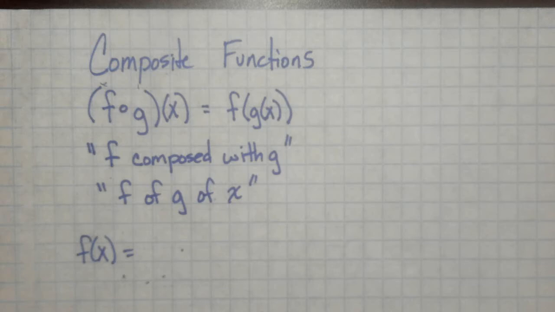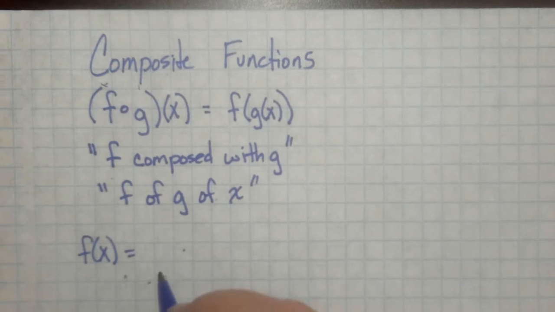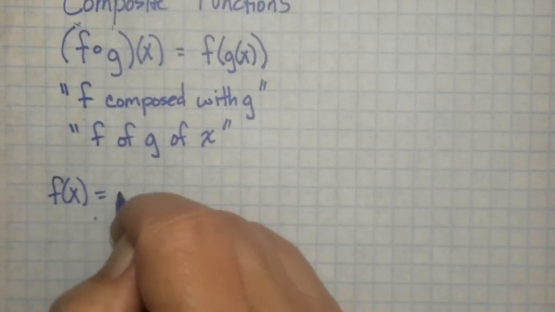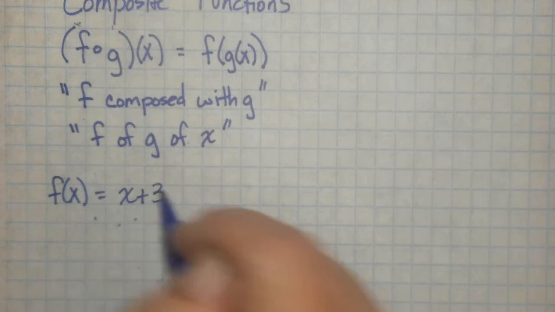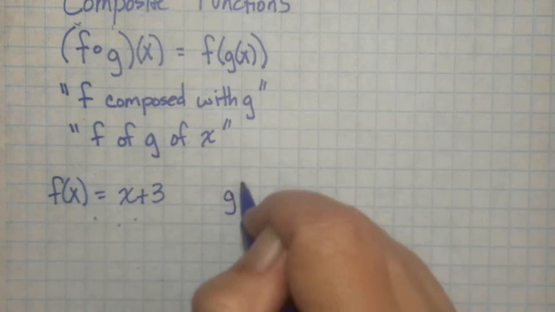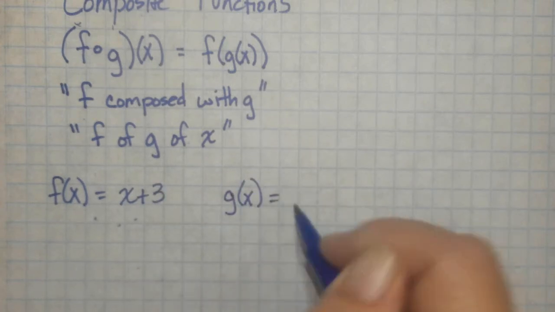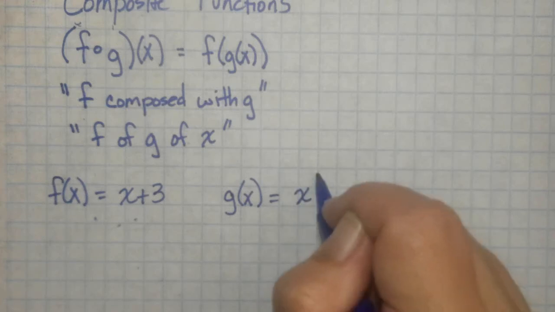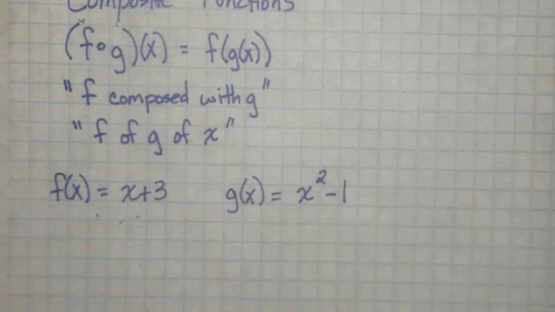Alright, so we're going to start with f of x being a linear function, x plus 3. And then our g of x is going to be the quadratic function, x squared minus 1.